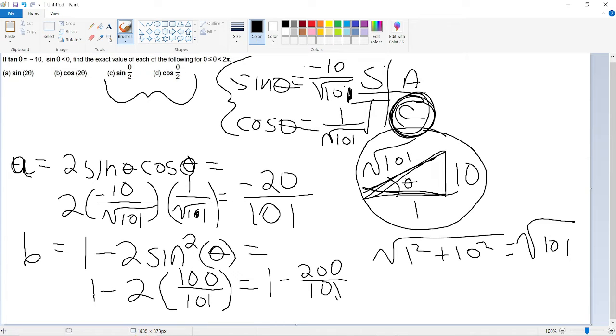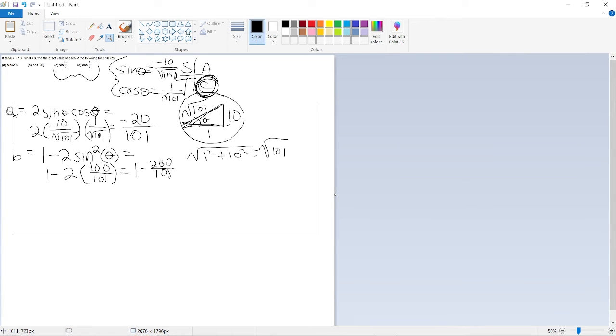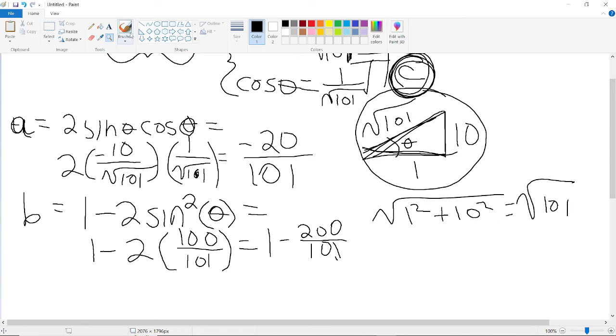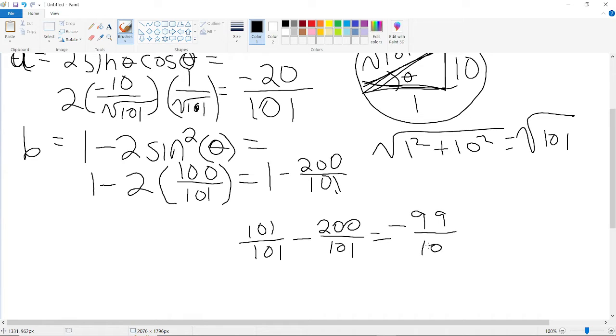I need more room. I'll get it like this. You thought I was out of room. Okay. 1 is 101 over 101 minus 200 over 101 equals minus 99 over 101.